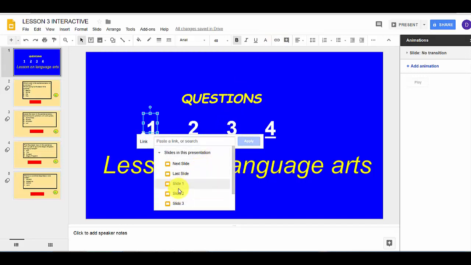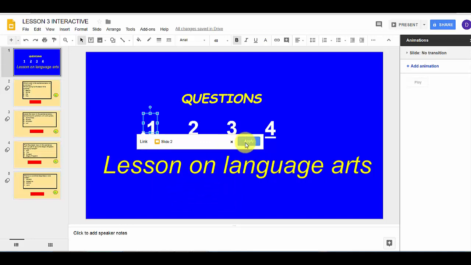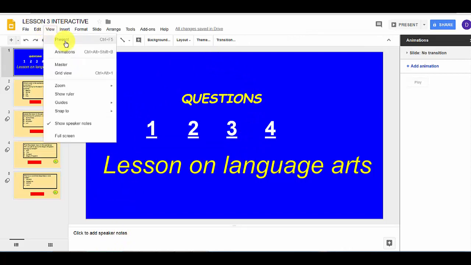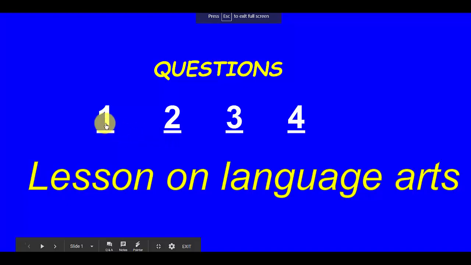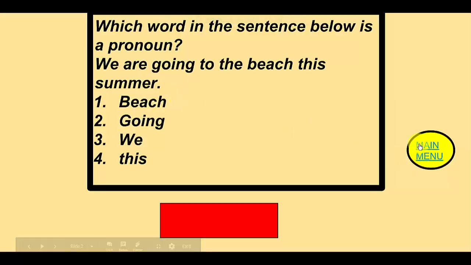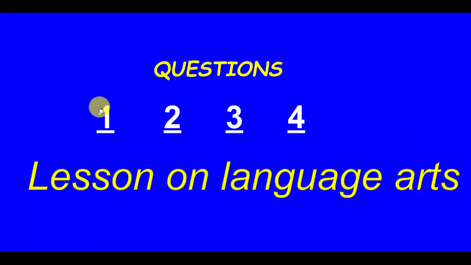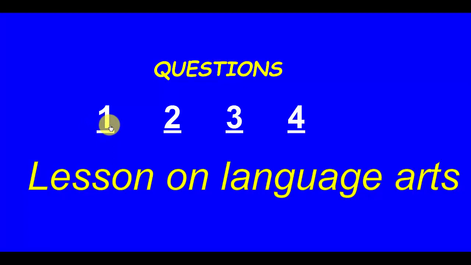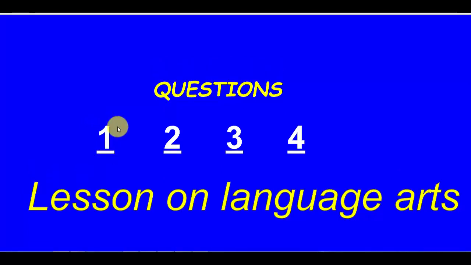Because remember, slide 1 is the main slide, the blue one, and so we click on slide 2. Okay, and we hit apply. Now, let's run this so you can see what we're talking about. View, and we'll present it. So I'm going to click on slide 1, and it went to the first slide. Now remember, this one goes back. So we can go back and forth as many times as we want, but you understand how that works. Okay, I'm going to hit my escape key.